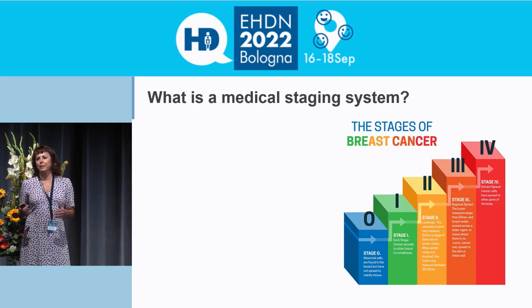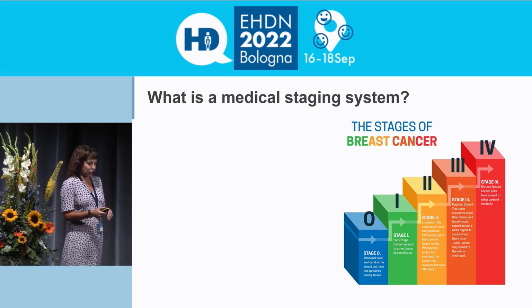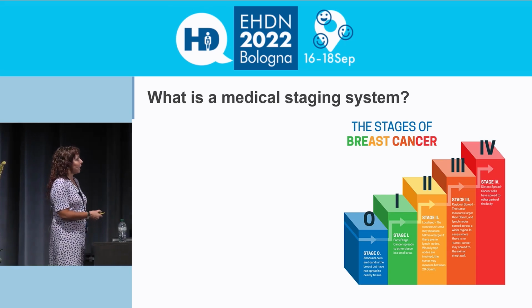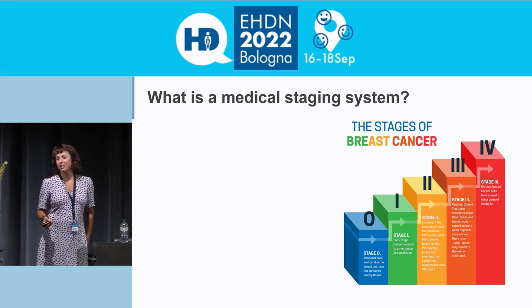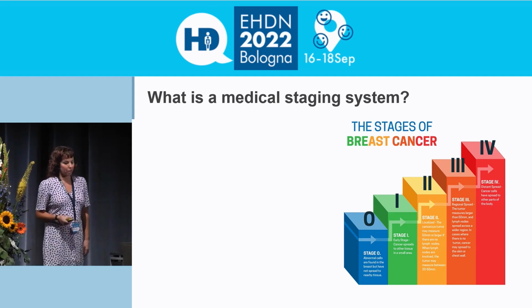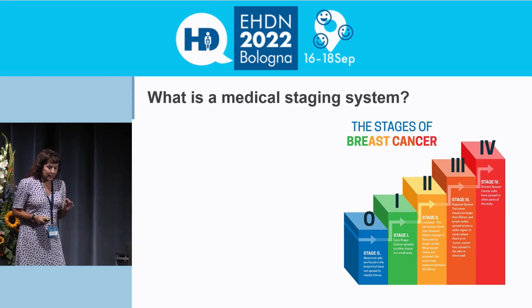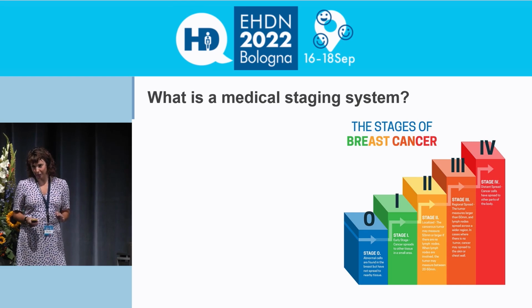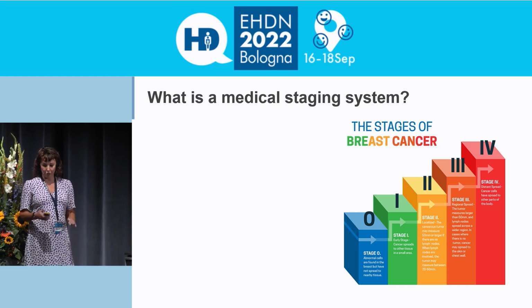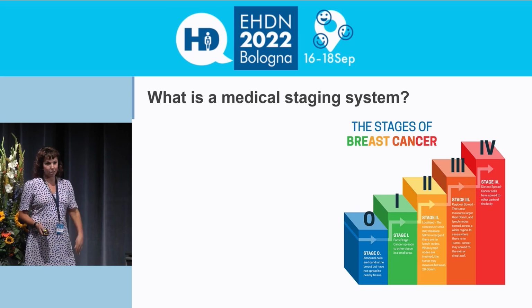So what is a medical staging system? I mentioned cancer in the clinical trial session this morning. The cancer staging system has revolutionized cancer trials. They can compare across studies. Everyone knows about the staging system.